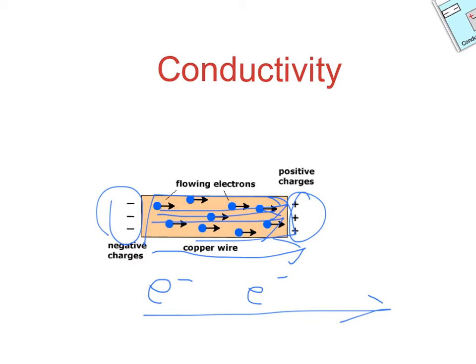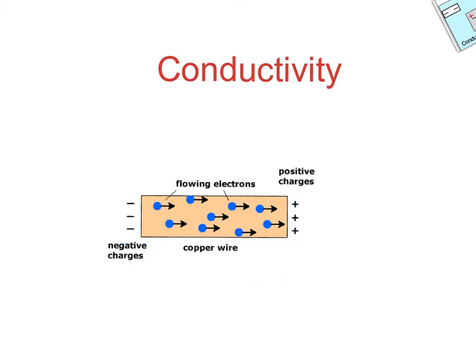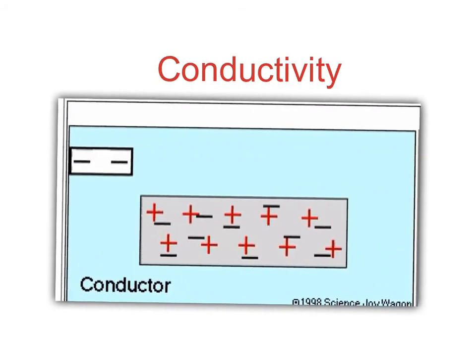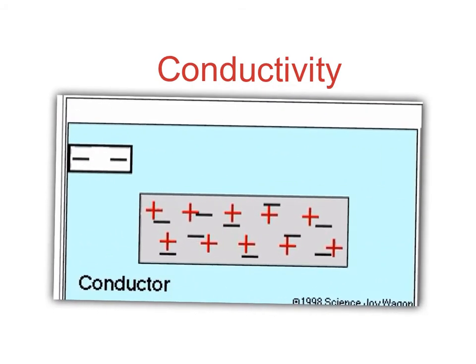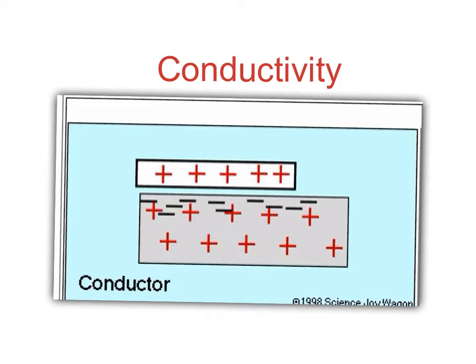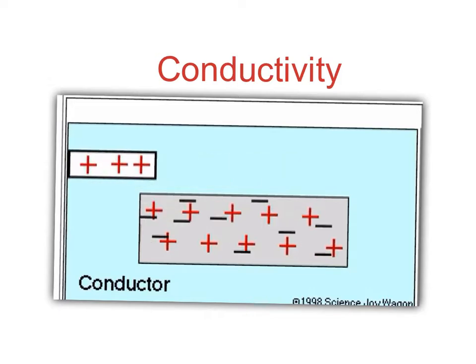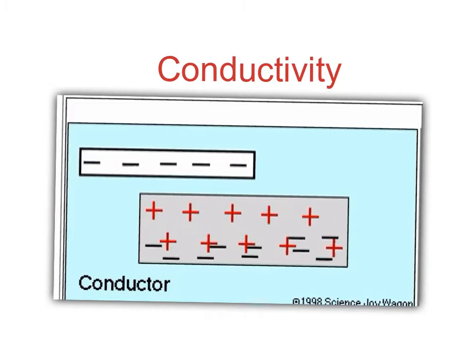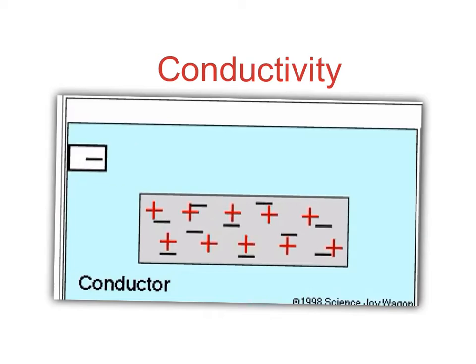So let's take a look. Here's a conductor. If I have an object and I bring something positive towards it, the electrons are going to come towards it. When you move the positive object away, they're going to go back. Same thing if you take something negative and move it near the object: it's going to cause the electrons to flow.